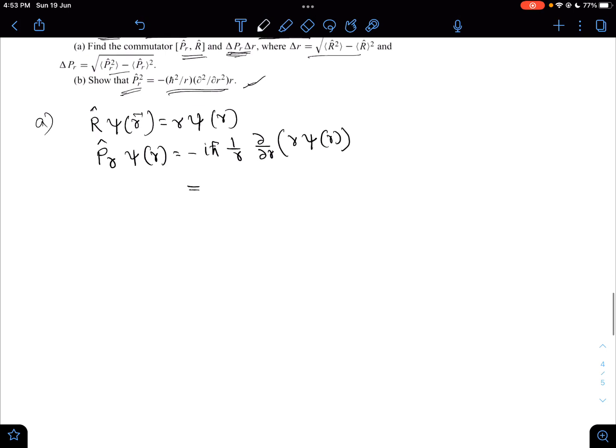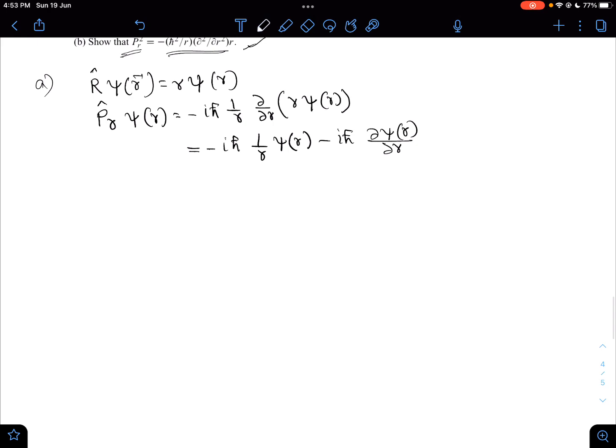So this will give us minus i h cut 1 by r psi r minus i h cut del psi del r. So this is our PR.